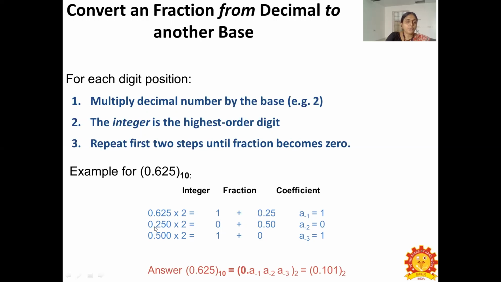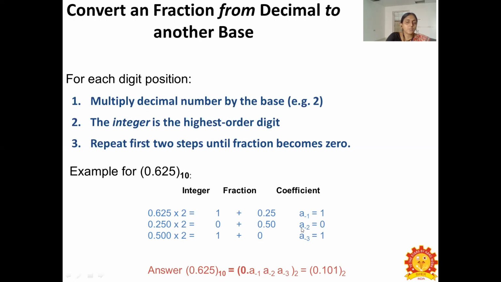So this 0.25 times 2 we get 0.50 and the coefficient value here is 0. So here we have negative powers for the decimal fractions.